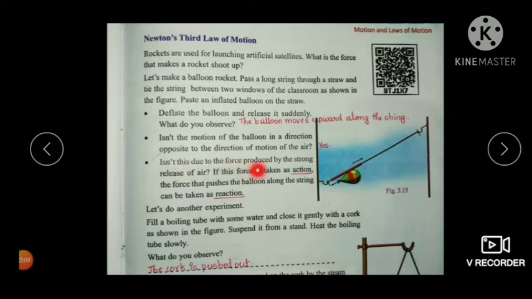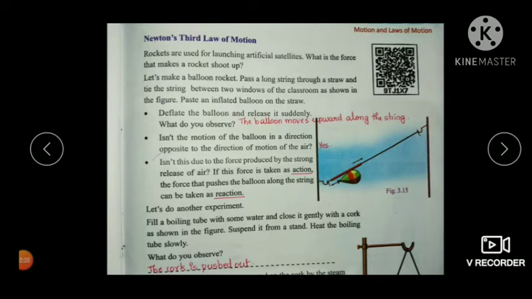Isn't this due to the force produced by the strong release of air? If this force is taken as action, the force that pushes the balloon along the string can be taken as reaction. So here, which is action and which is reaction?